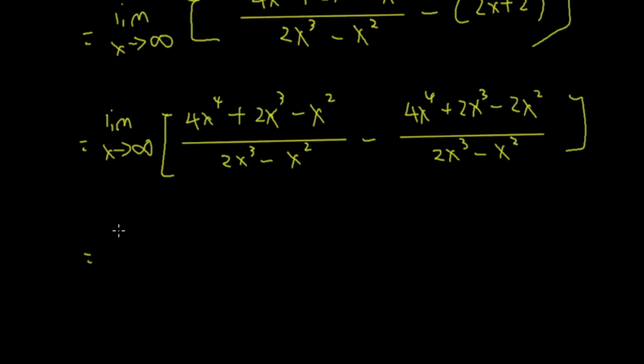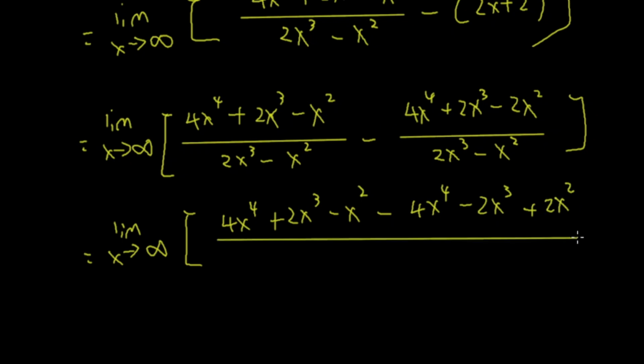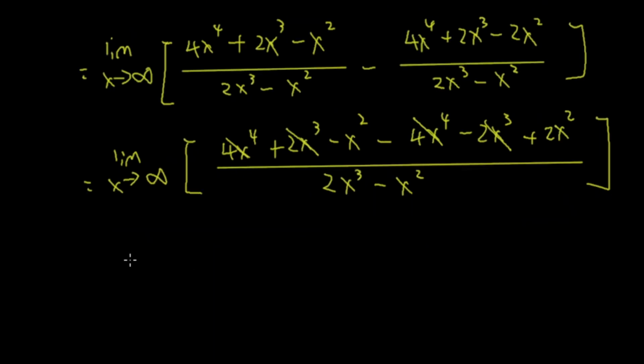Now group this together. 4x to the 4 plus 2x cubed minus x squared minus 4x to the 4. Now minus plus becomes minus. Now minus minus becomes plus. All divided by 2x cubed minus x squared. Now 4x to the 4 and 4x to the 4 cancel out. 2x cubed and 2x cubed cancel out. Now minus x squared plus 2x squared will be x squared left in the numerator.